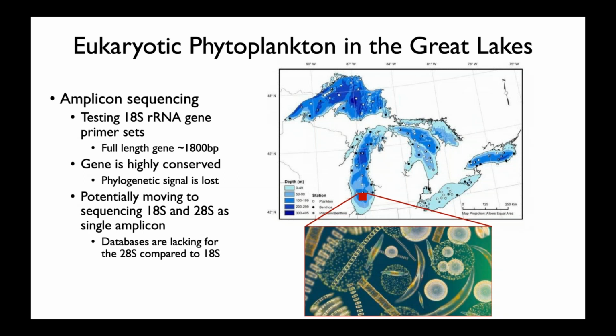One of the nice things about the DNA is that we can upload it to GenBank, and now we can actually scale and have any researcher searching our sequences throughout the world. And so this may help broaden our impacts when we try to understand other Great Lakes around the world, or even just any freshwater body. We're really just focusing on the 18S right now because the databases are much better than, say, the 28S or some of these other ones.